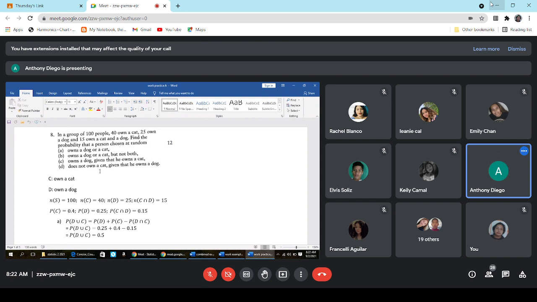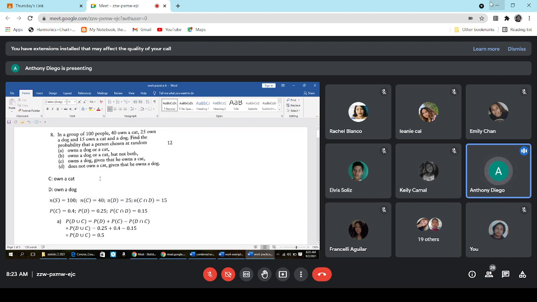Now, if you notice, we need to actually list our events or what we have so that you have no problem when you're solving. So we have that C is for those that own a cat, D for those that own a dog. So it said here the sample space, a group of 100 people.